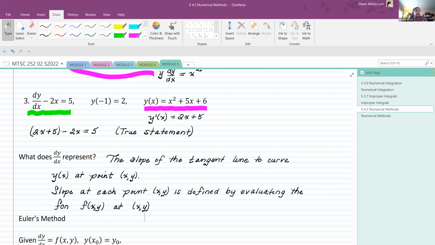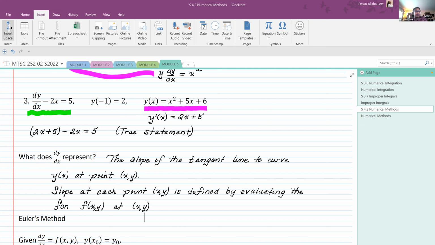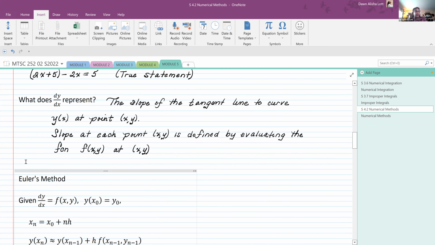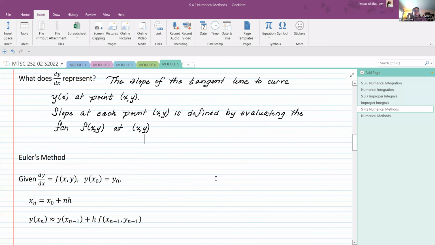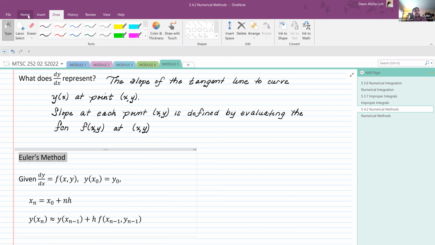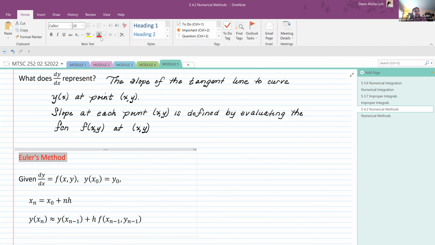So later on in this chapter, we are going to learn how to actually solve a differential equation. Right now, we're going to learn a numerical technique for solving it before we learn how to solve it analytically. The numerical technique is called Euler's method.